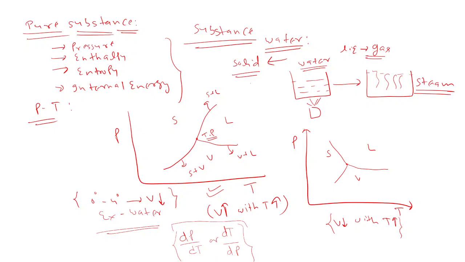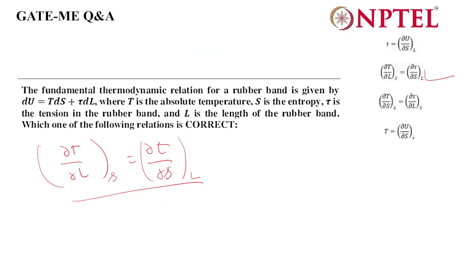Joule Thomson coefficient, anyone remembers? dt by dp, sir. Change in temperature with pressure. The axis got changed, but here we will get those things, right? Okay, sir. So just try to see that formula.